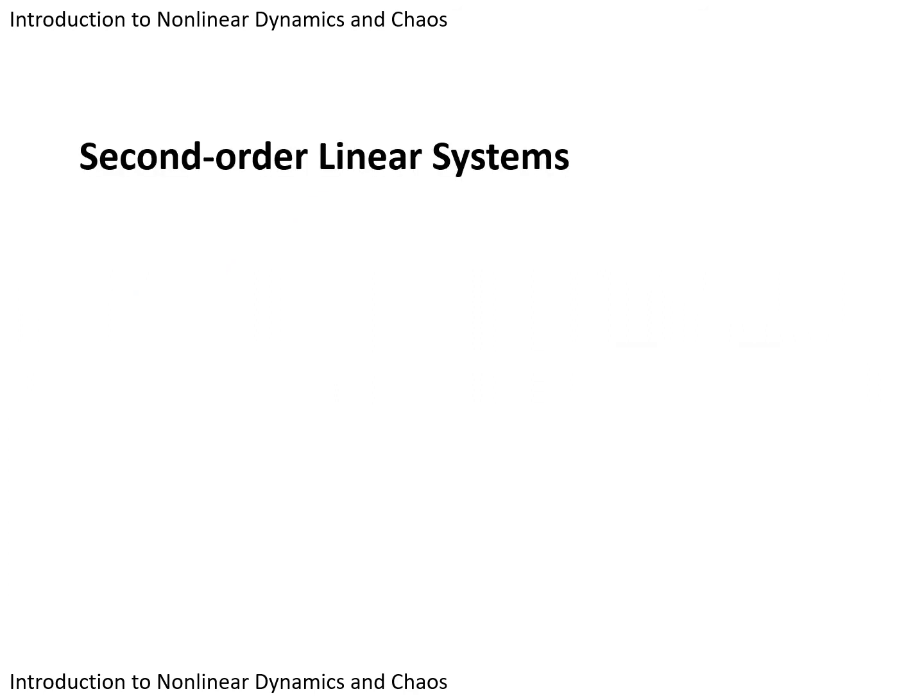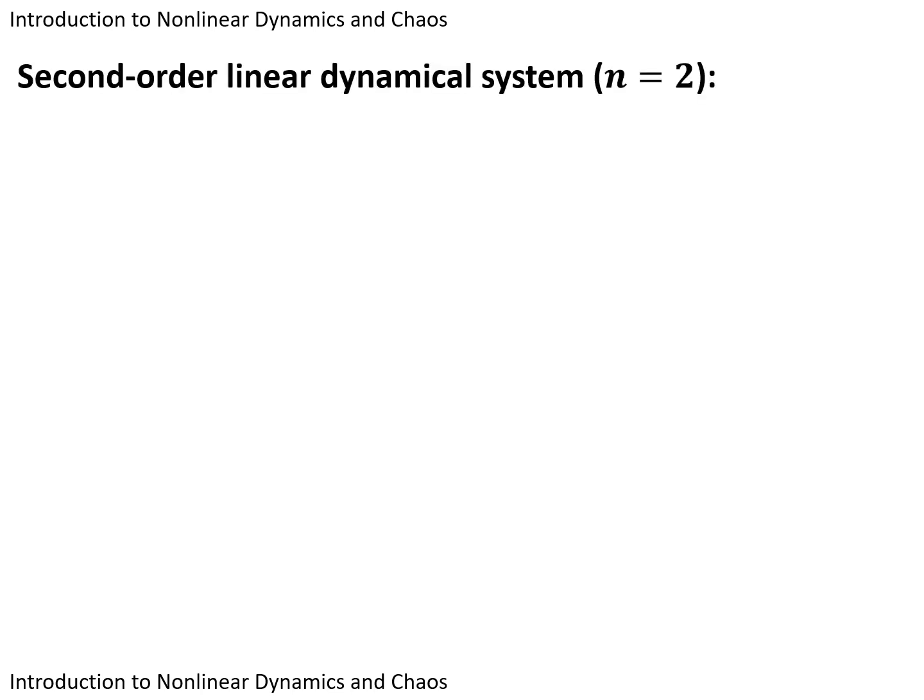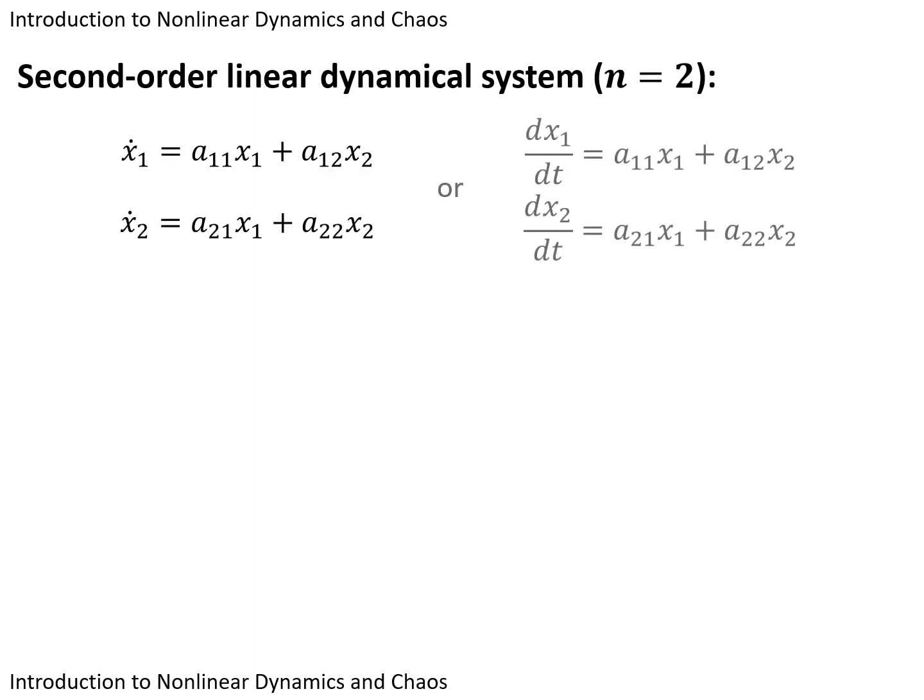Now let's look at the second order linear systems. Since we have the second order, our n equals 2, and the system can be written in this form or using the notation dx by dt, or in a shorter form, x dot equals A x. x dot here is a column vector with the components x1 dot and x2 dot.